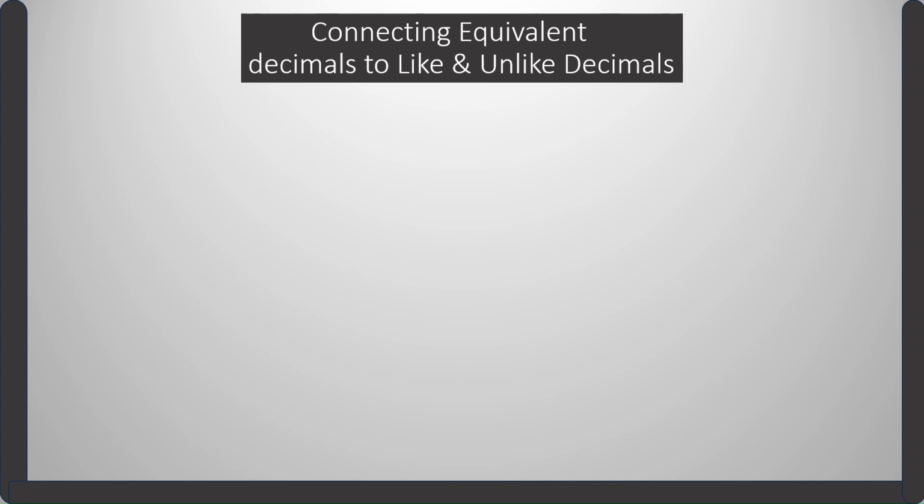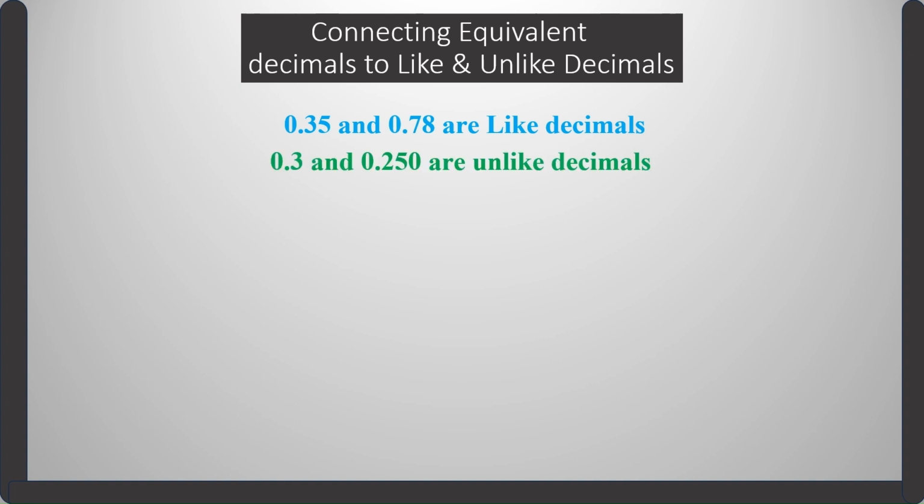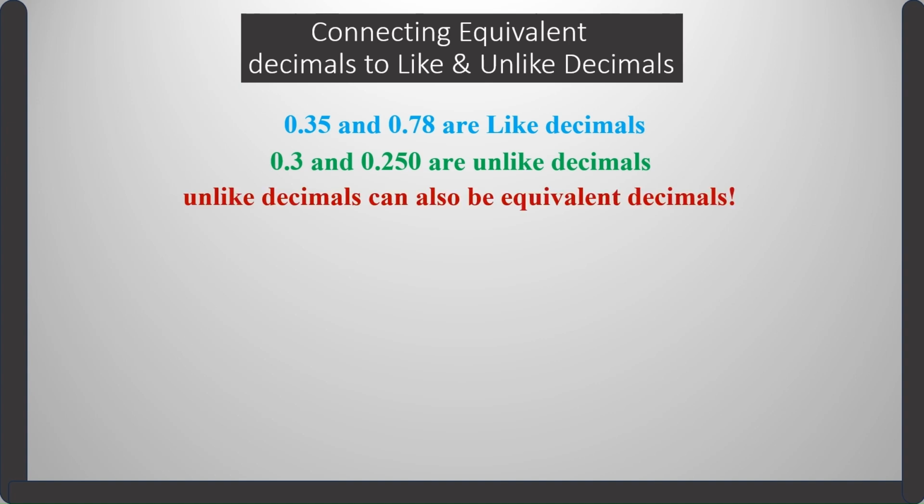You have learned like decimals have the same number of decimal places. 0.35 and 0.78 are like decimals because they have the same number of decimal places, whereas 0.3 and 0.250 are unlike decimals because they have different numbers of decimal places. Now here is an interesting part. Unlike decimals can also be equivalent decimals.